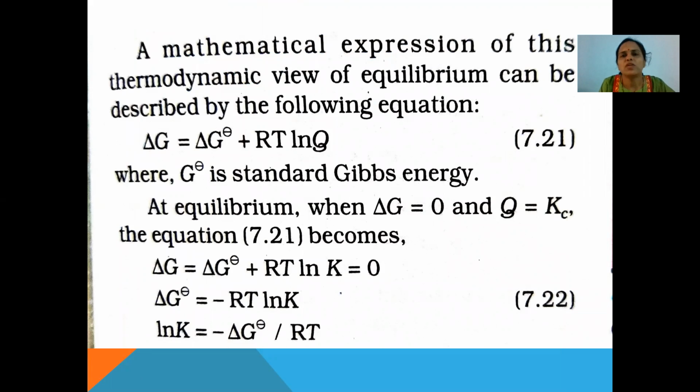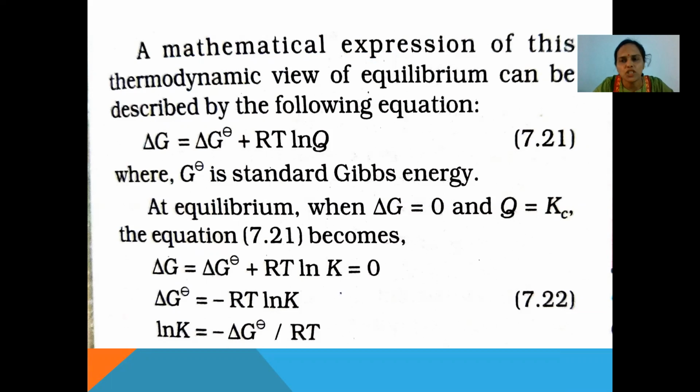At equilibrium, when the value of delta G equals 0 and Q equals Kc, equation 7.21 becomes delta G equals delta G in its standard state plus RT natural log of K. Here the value of delta G equals 0.